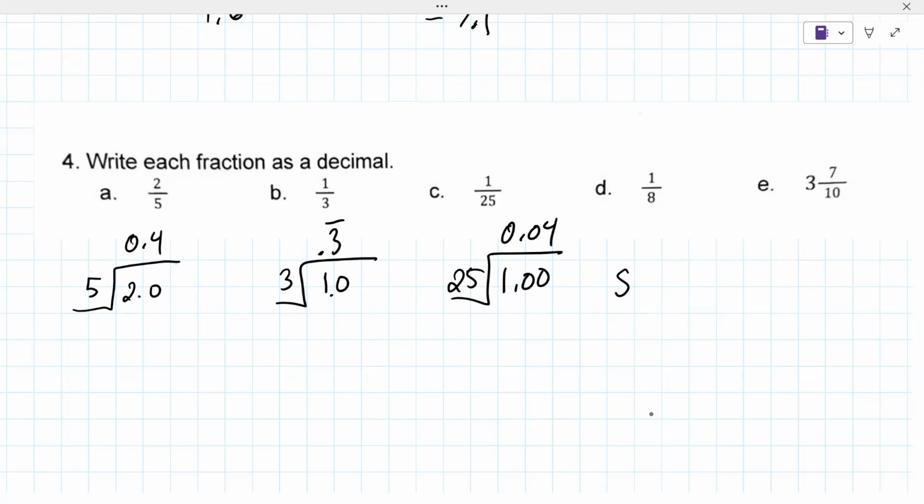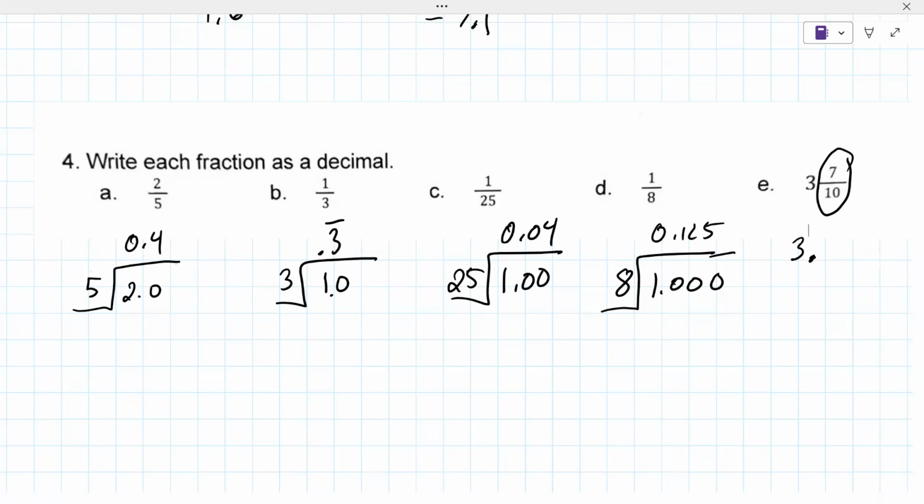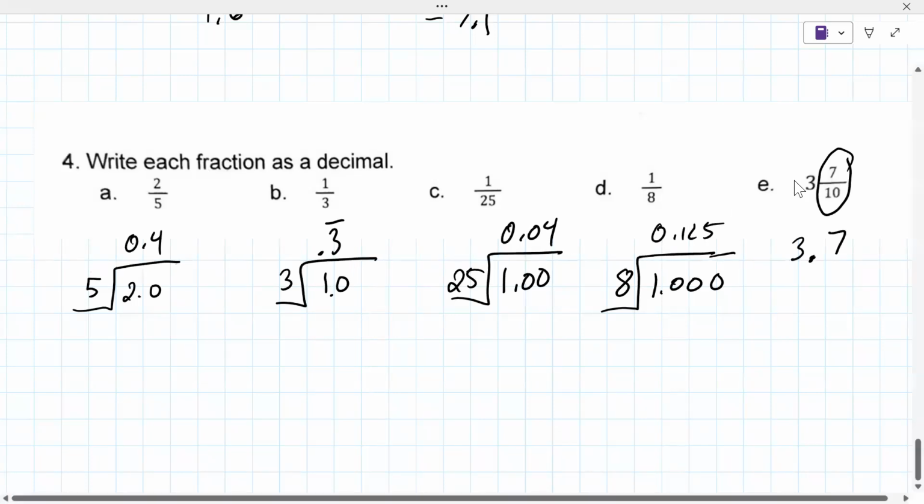But for B, 0.125, good. Now for the last one here, the decimal is 3 point something, and you just figure out what the 7/10 is as a decimal. 3.7, yep, you got it.